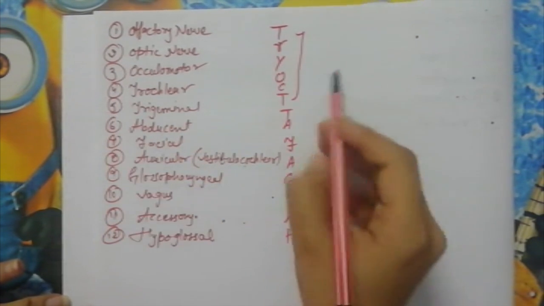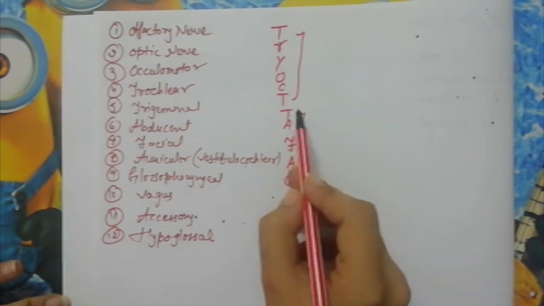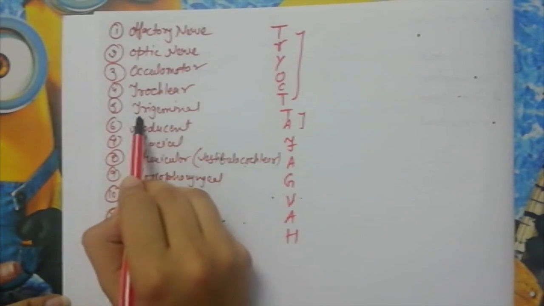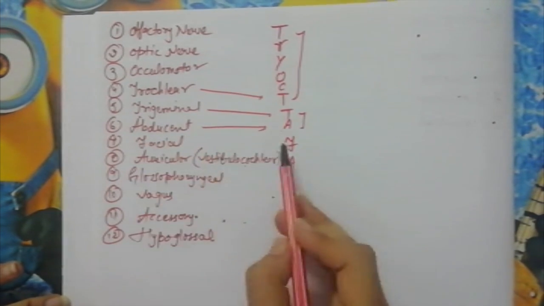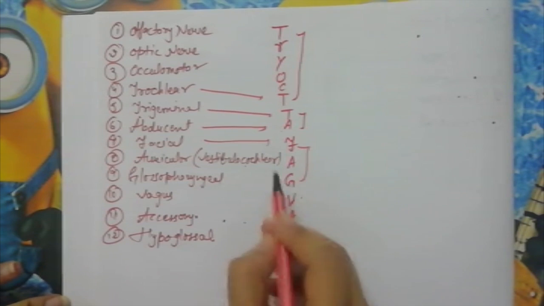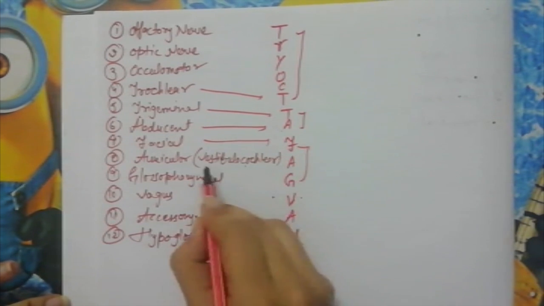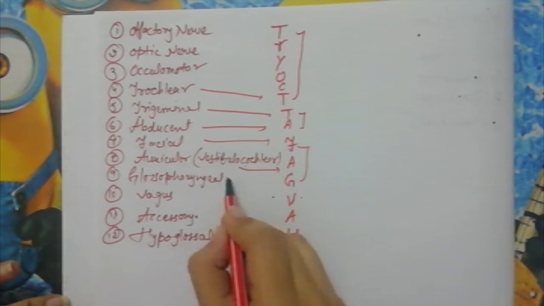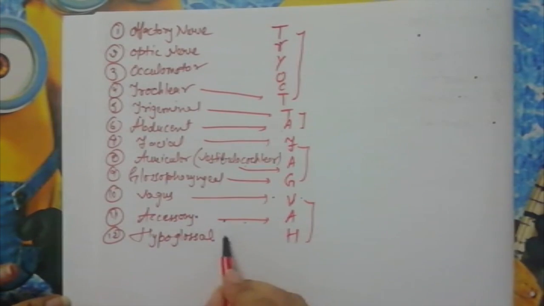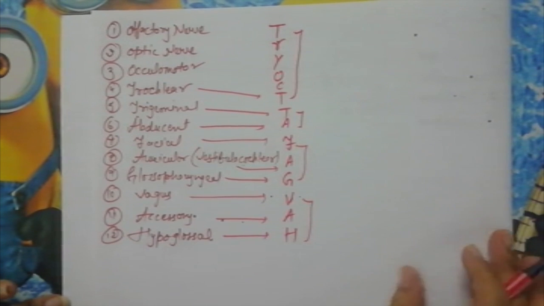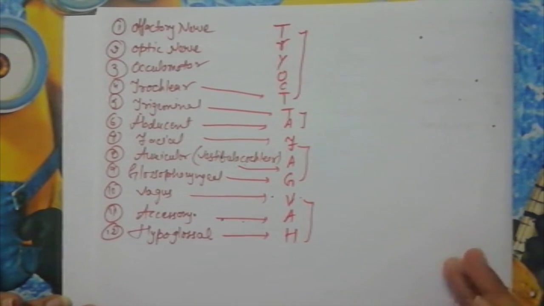Now TA: T for trigeminal, A for abducent. Then F for facial, A for auricular, and G for glossopharyngeal. Va: V for vagus, A for accessory, and H for hypoglossal. This is my mnemonic to remember them. You can make your own mnemonic.